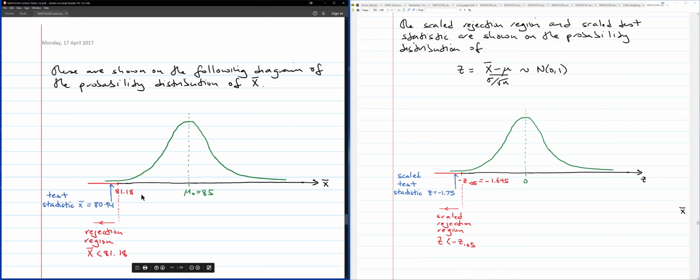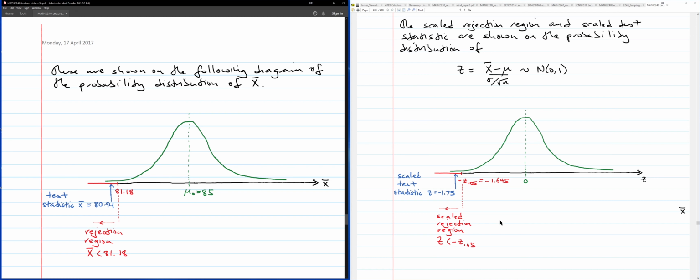Now remember, over here the test statistic was the actual observed average weight, which was 80.94, and we said that it lies in the rejection region. It's less than 81.18, so it lies in the rejection region, and therefore we reject the H0, mu 0 equal to 85.